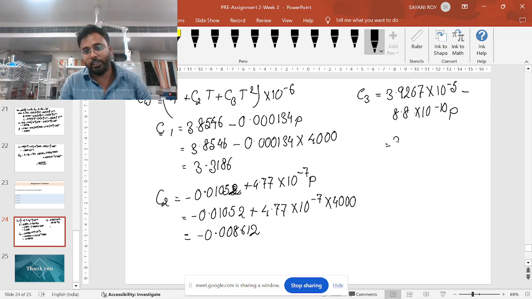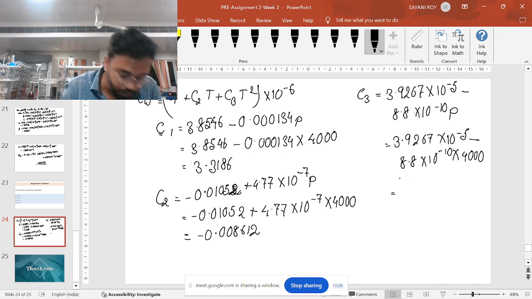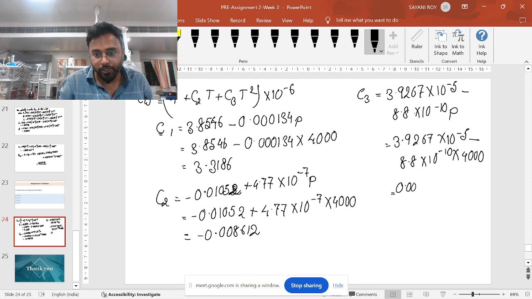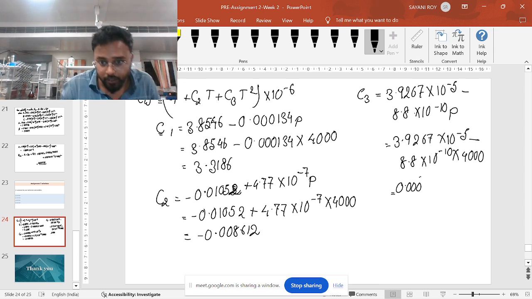So it will be 3.9267 into 10 to the power minus 5 minus 8.8 into 10 to the power minus 10 into 4000. The answer for this will be 0.0003574.